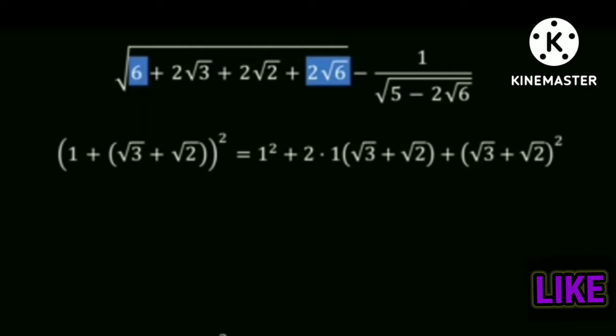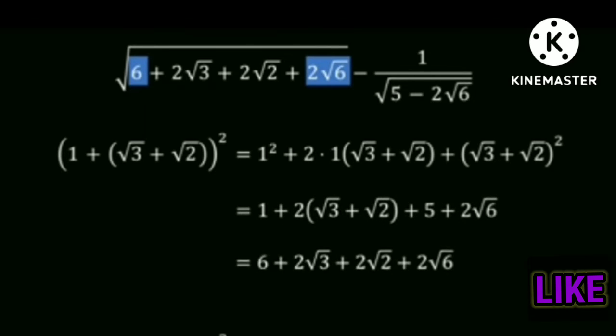Now we've already calculated the square of root 3 plus root 2. So we'll substitute. We can then simplify, and this is equal to 6 plus 2 root 3 plus 2 root 2 plus 2 root 6. And that's exactly the expression that we want to take the square root of.